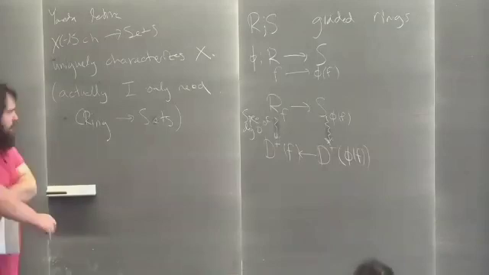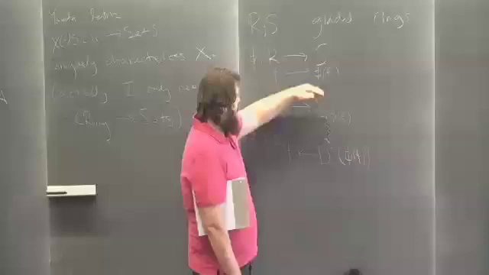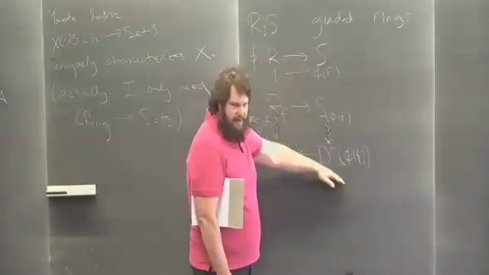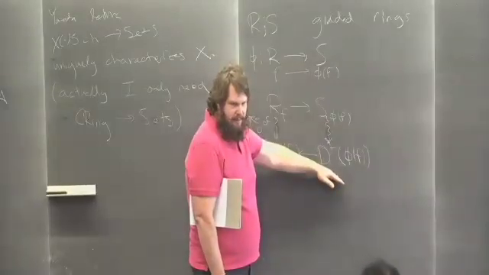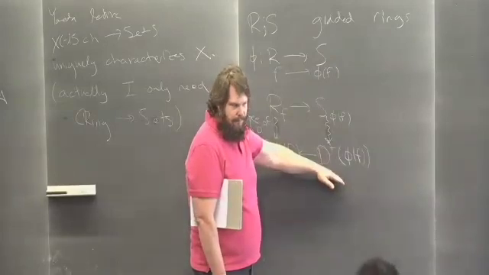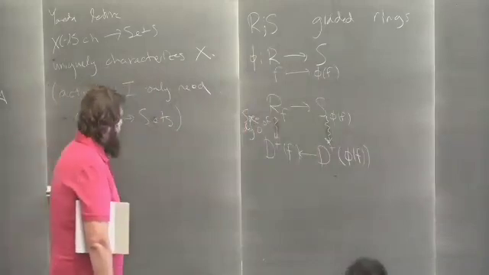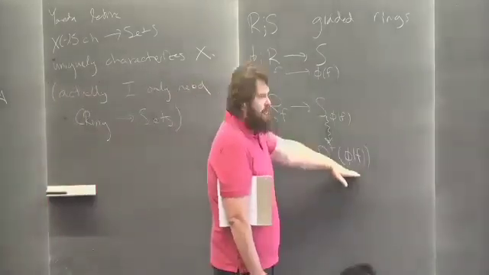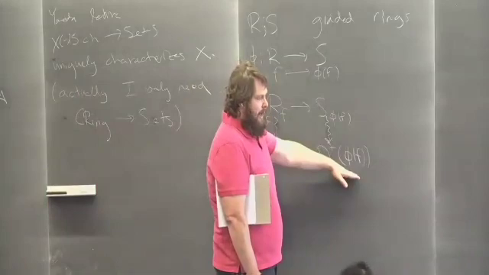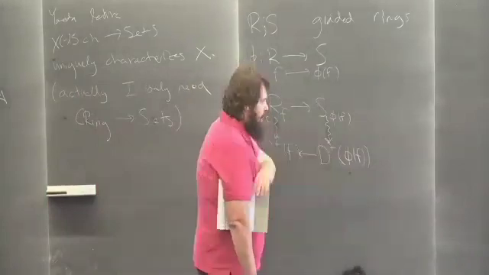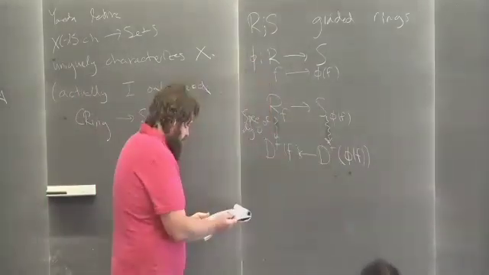But there's a problem, which is what if Proj of S isn't covered by open subsets of this form? I'm going to possibly have some points that never sit inside here, and so I never get my map to be defined on them.